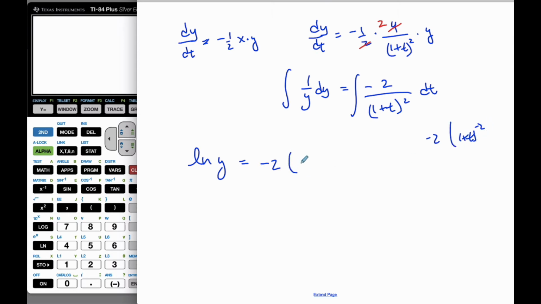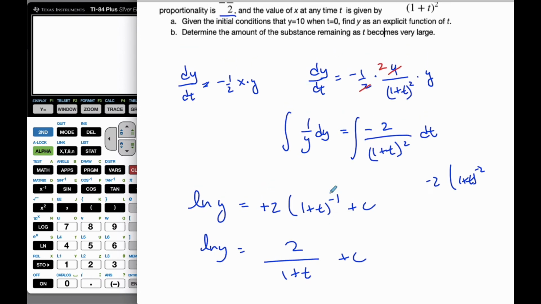So I'm going to add 1 to negative 2, which gives me negative 1. And then I have to divide by that value, which makes this a positive, plus c comes my way. And so ln y is equal to 2 over (1 plus t) plus c.